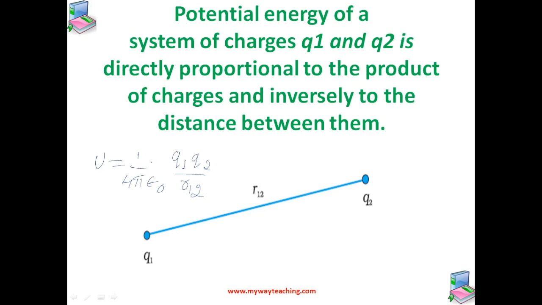And this equation is true for any sign of Q1 and Q2. If both Q1 and Q2 are greater than 0, potential energy is positive. For like charges, electrostatic force is repulsive and a positive amount of work is needed to be done against this force in order to bring the charges from infinity to a finite distance apart.